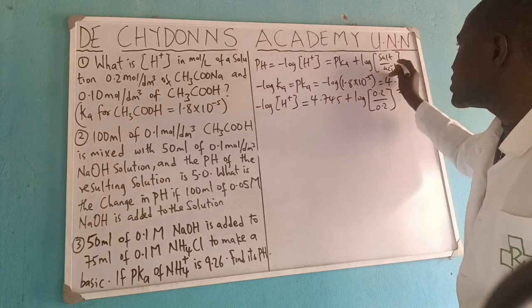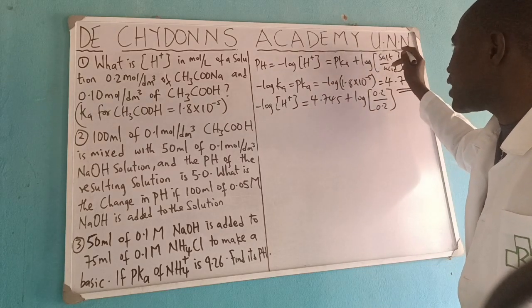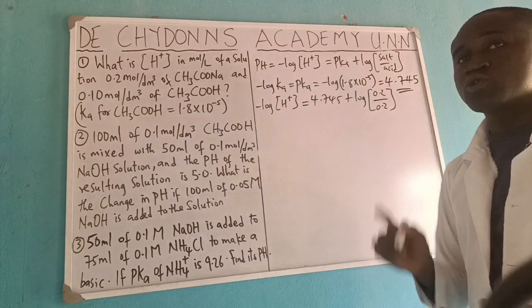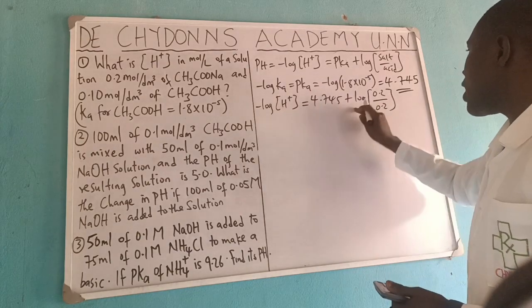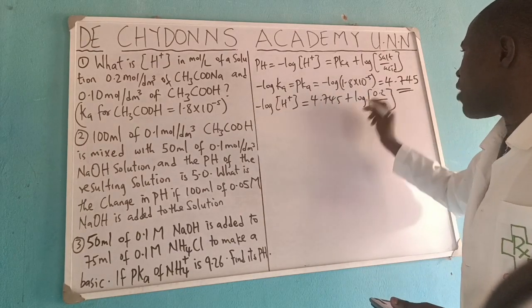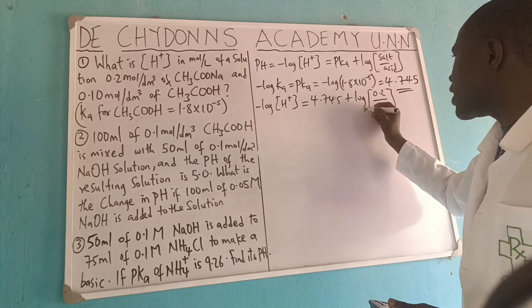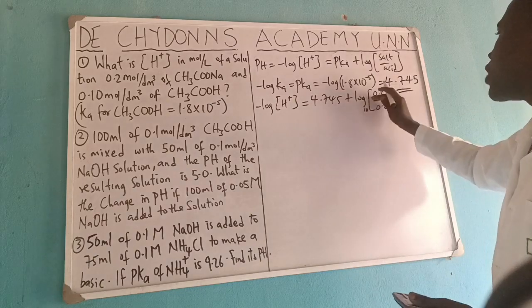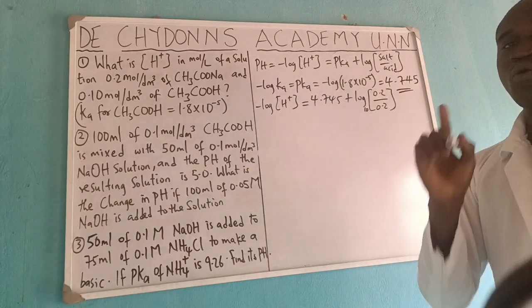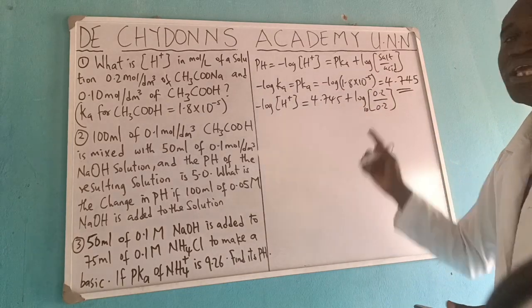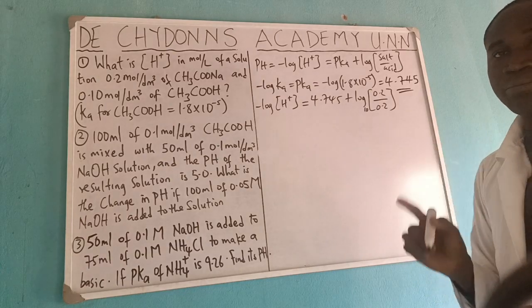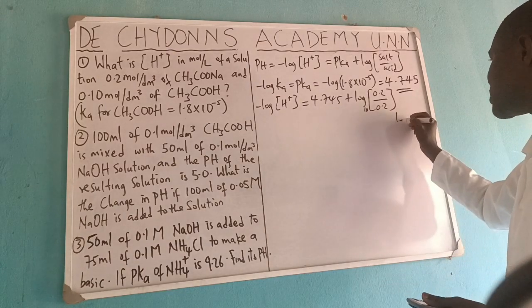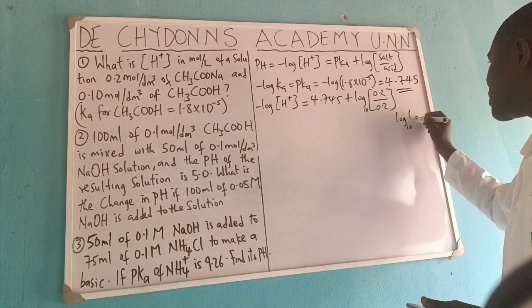That is concentration of salt and acid. 0.2 over 0.2 will give you 1. Remember when you see log, log means in base 10, a standard base. Log 1 to base 10 is 0 in mathematics. Let's write it. Log 1 to base 10 is 0.